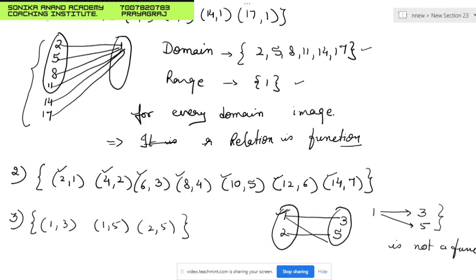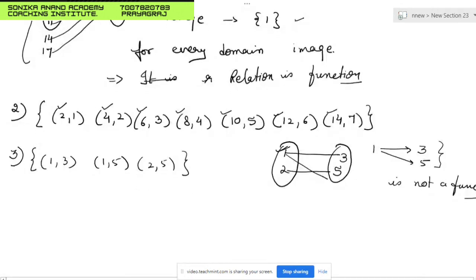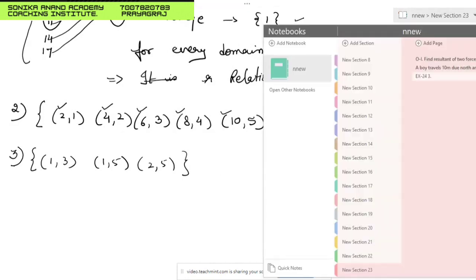Now this question is finished. Before explaining second and fifth, I want to finish question number 3 and 4, then I will explain the second and fifth in detail. Before that, I will also explain different types of functions. Have you noted it?